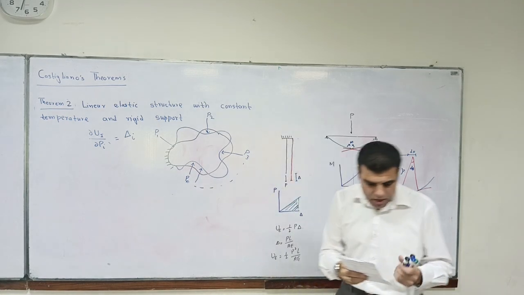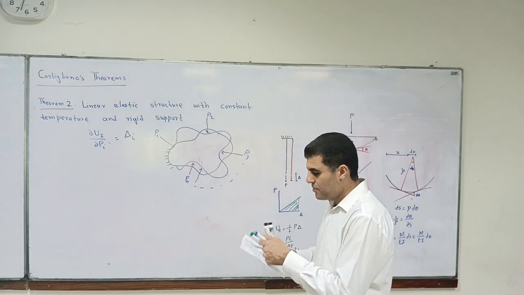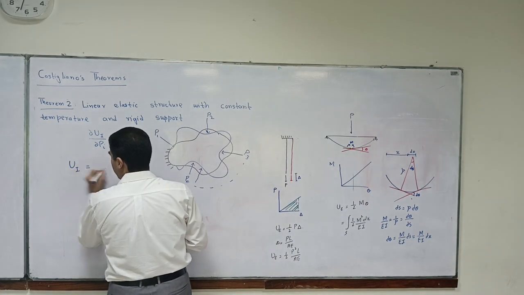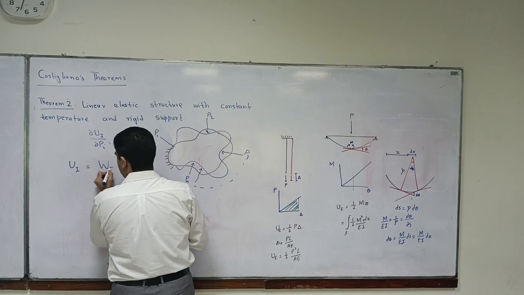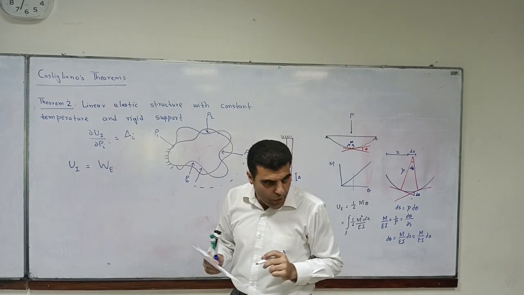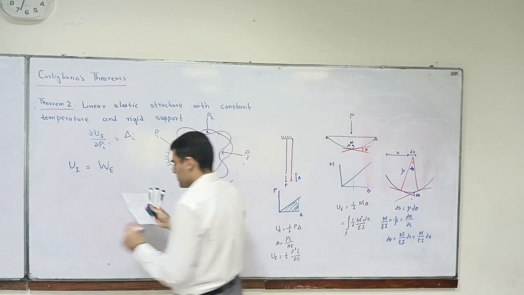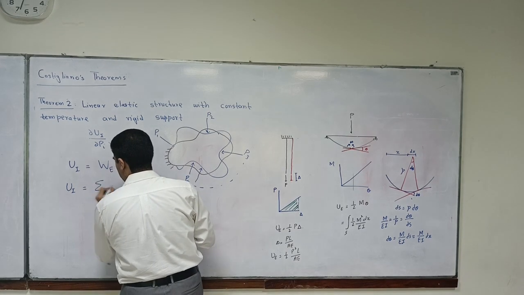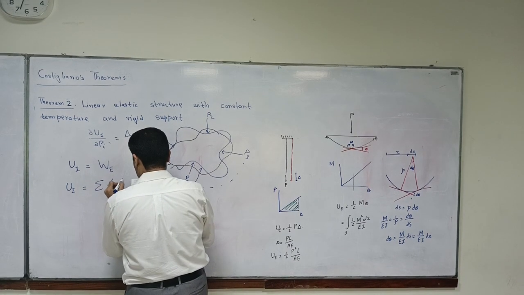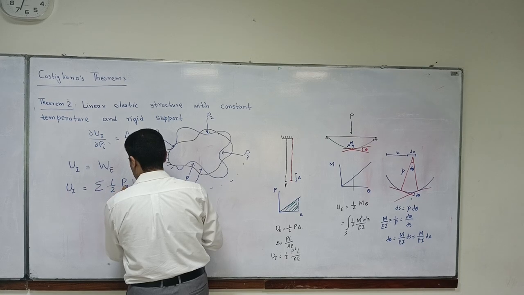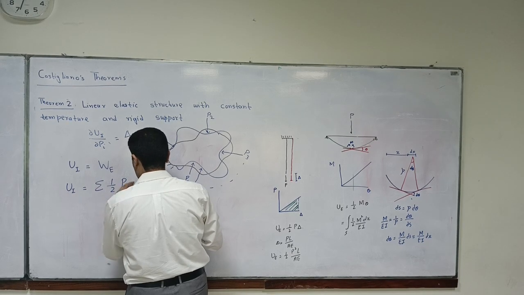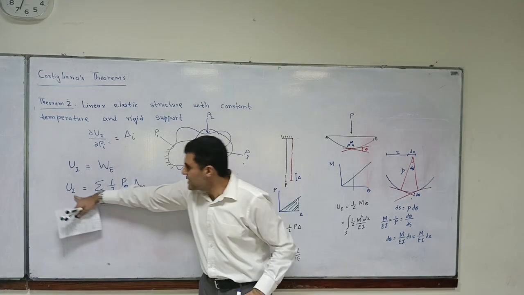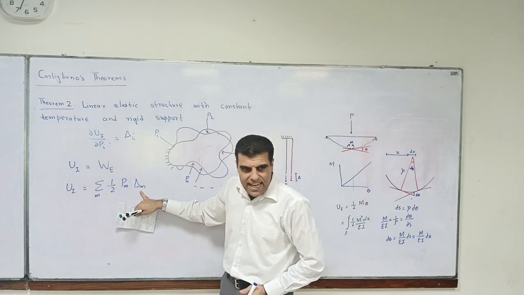Now, we know that internal energy is equal to external work. That is well known. Can I write that internal energy is half Pm delta m?